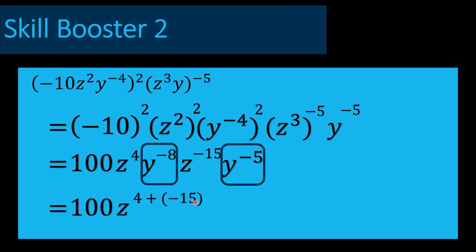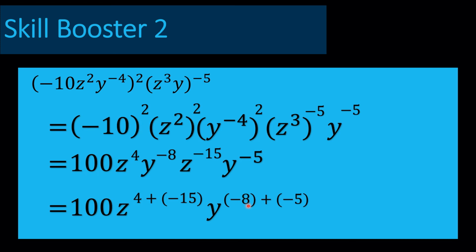And then after doing that, we also observe that these two power expressions also have the same base. So we can also add their exponents. So you will have y raised to the power of negative 8 plus negative 5. So just add the exponents because we are multiplying these power expressions of the same base. And what is 4 plus negative 15?